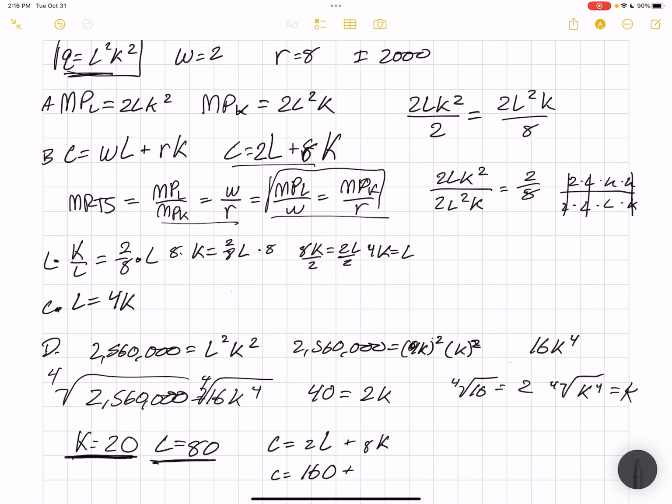Let me just double check that. Yeah. So C equals 160 plus 160, C equals 320. So to make 2,560,000 units, it will cost us $320.